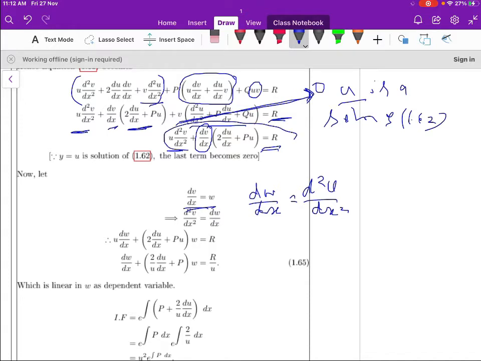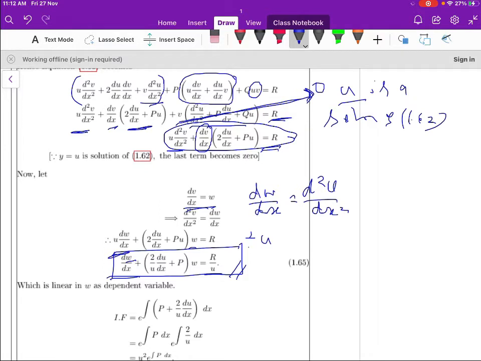So this equation becomes, after substitution, u into dw by dx plus dv by dx, nothing but w, is equal to r. So dividing by u, dw by dx plus 2 by u into du by dx plus p into w is equal to r by u. So it is a first order linear differential equation in w as a dependent variable.